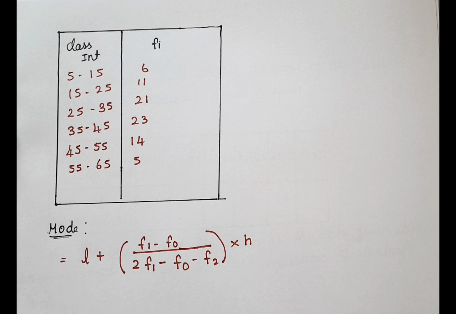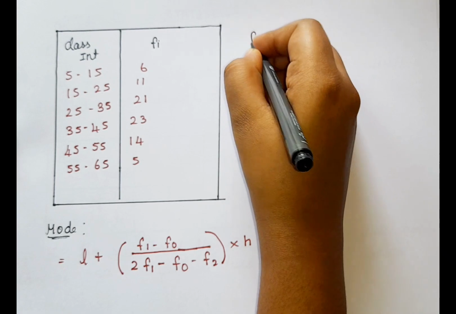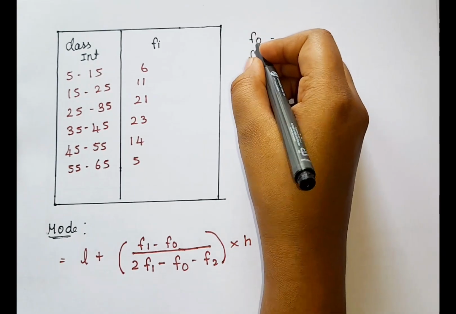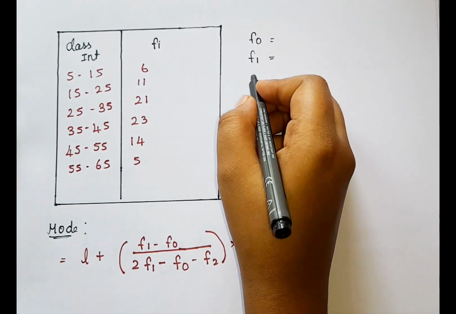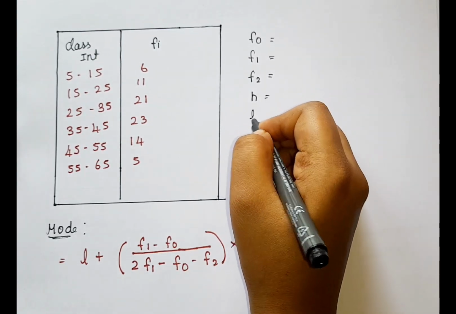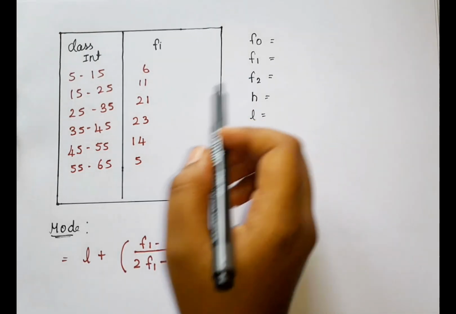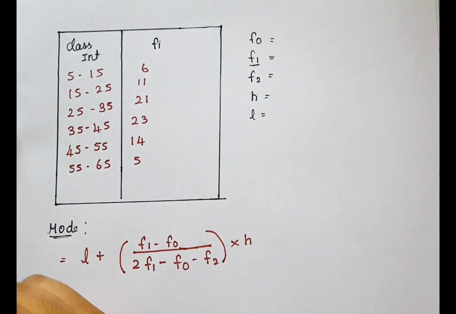Here, how to find the F1 value and the F0 value, how to find the F2 value, how to find H and how to find L? These are mentioned in the formula, so it is literally easy. First we are going to find F1.